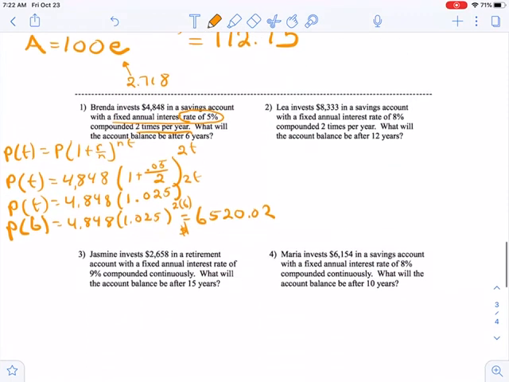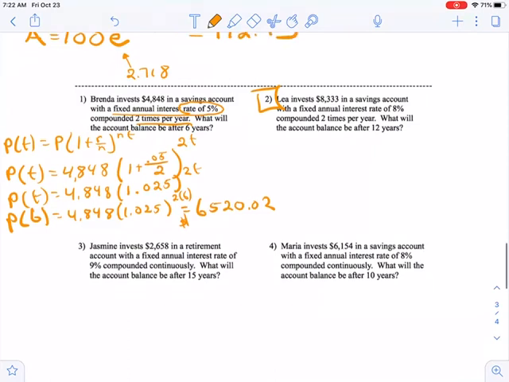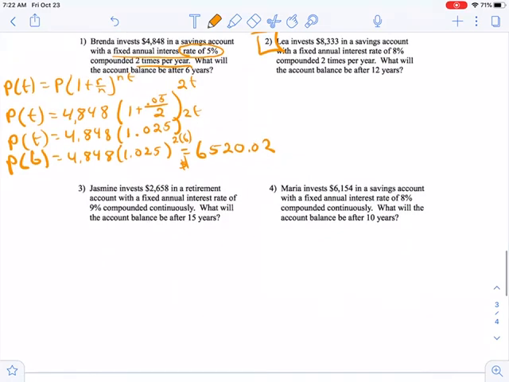So here we've got 2 cases. This is going to be another one in which we're compounding 2 times per year, so see if you can model it off my work. And then here we've got something compounded continuously. So for that equation, this is what they have for our model.